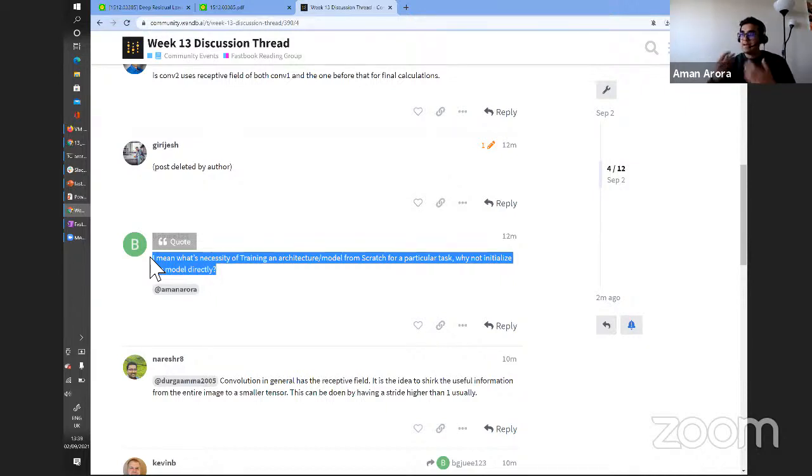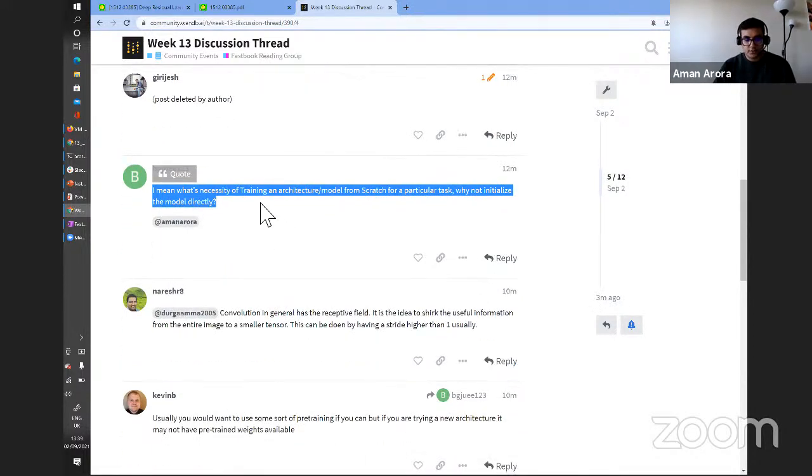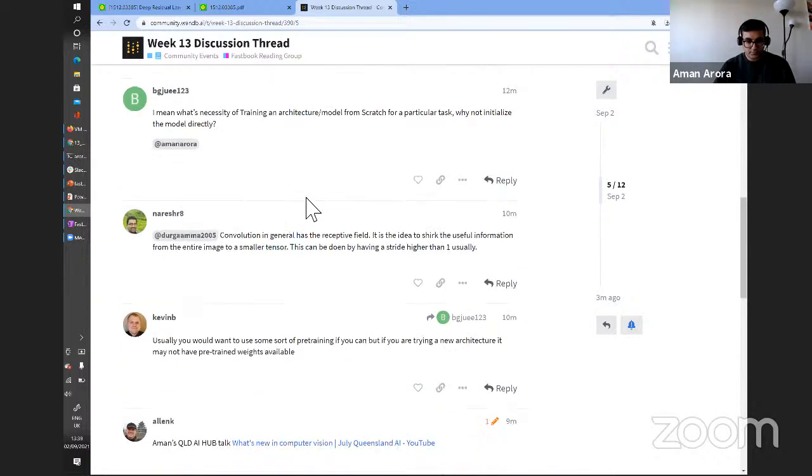In that case, you would want to start from scratch. But for tasks like PETS classification, you would start with weights that are trained on ImageNet. So I hope that answers the question. Most generally, you want to start with pre-trained weights, and if your downstream data set or task is very different from ImageNet, that is when you would try training an architecture from scratch.